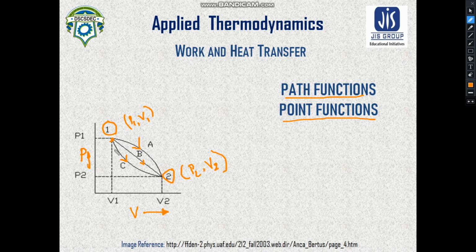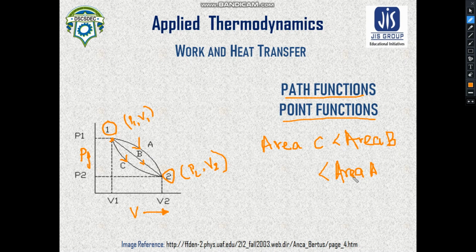Area under curve C is obviously less than area under curve B and area under curve A. So let us write down here: area of C is less than area of B and area of A.